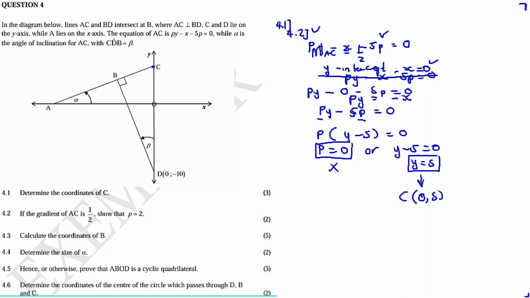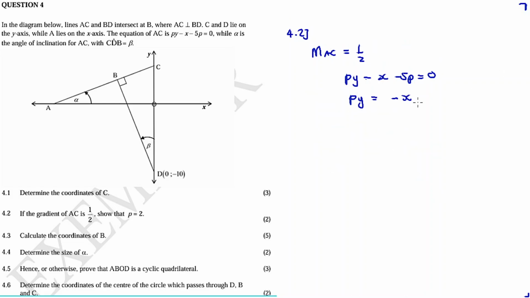Let's take the equation one more time: py minus x minus 5p is equal to 0. Then we make y the subject of the formula. So py is equal to x plus 5p.